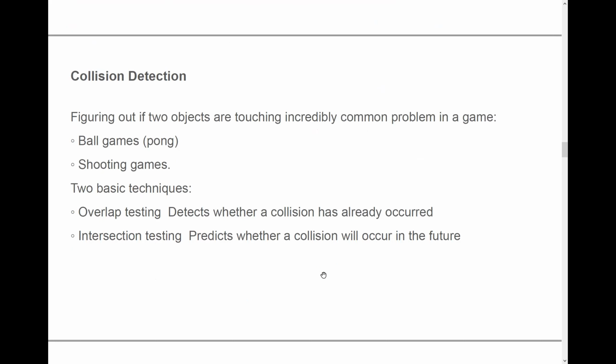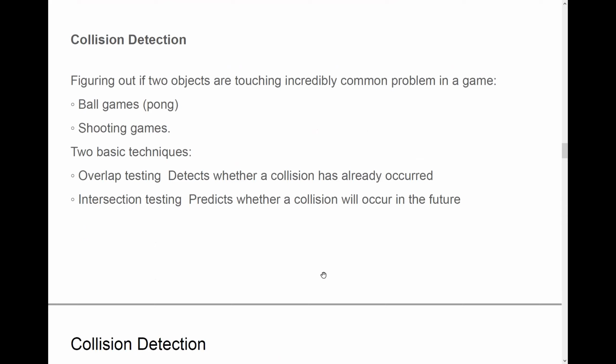Right, then we have collision detection. So we spoke of collision primitives. Figuring out if two objects are touching is a common problem in a game. Even in the games that you have played, you must have come across places where two objects collide with each other. So capturing these collisions is a problem.